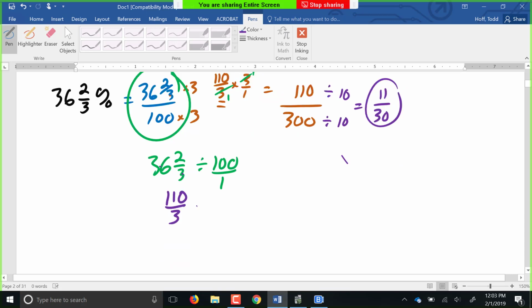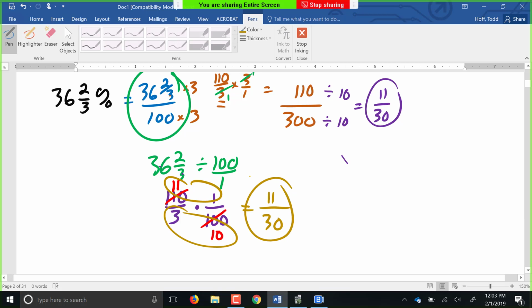Instead of dividing by 100 over 1, we multiply by the reciprocal. So we multiply by 1 over 100. And of course, we can cross cancel. Both 110 and 100 divide by 10, giving me 11 and 10. 11 times 1 is 11. 3 times 10 is 30. So 36 2/3 is the same as 11 out of 30.